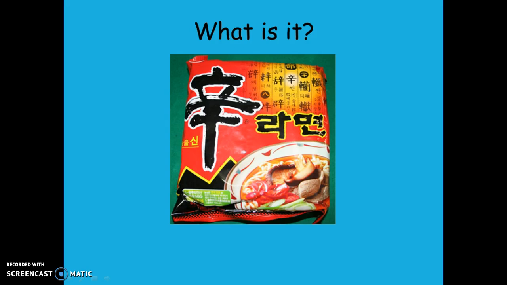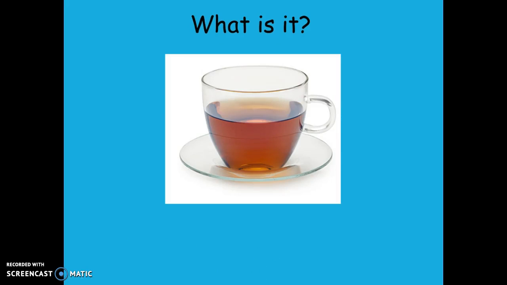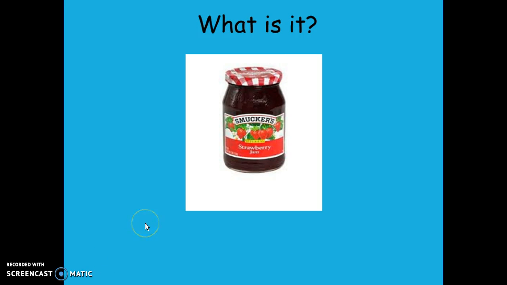It's your turn. What is it? It's a bag of ramen. Spicy. What is it? Did you say cup of tea? That's it. What is it? It's a jar of jelly. Peanut butter, pickles, and mayonnaise also come in jars.